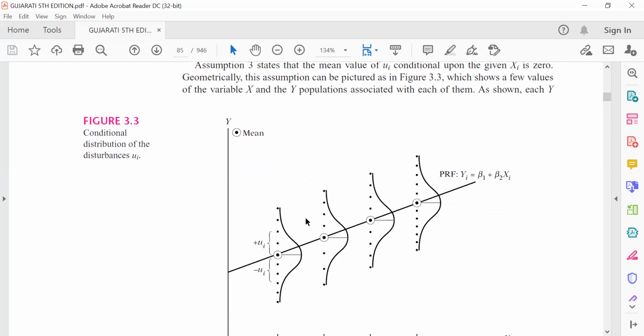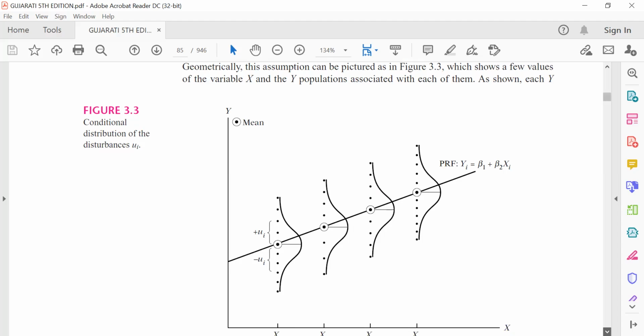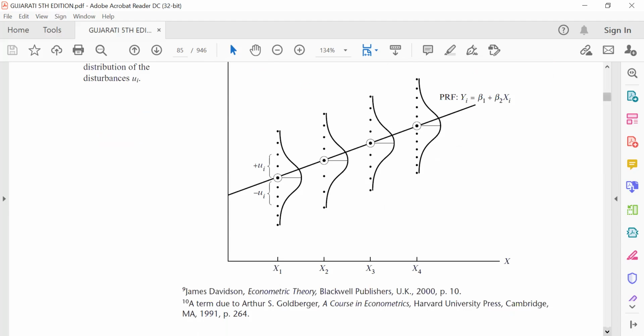In the upper part of this graph, the actual value is greater than the predicted value. This is the mean of the residual.